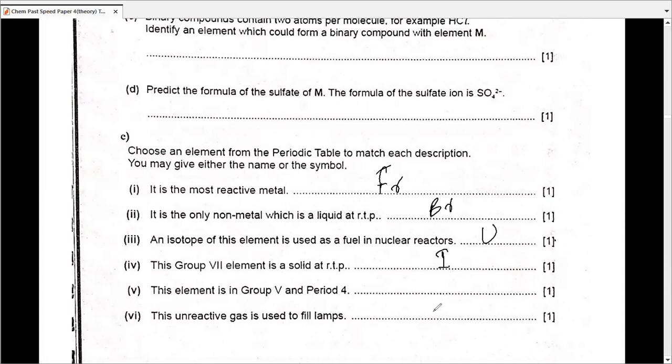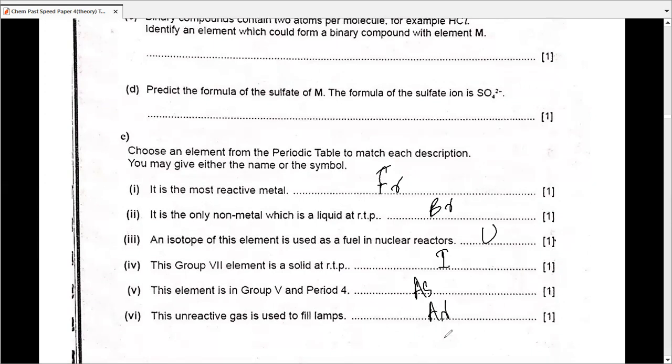Good. Moving on. This element is in group 5 and period 4. Now that's a good extrapolation technique. Go ahead. Group 5. Arsenic. Arsenic, good, yes. And this unreactive gas is used to fill lamps. Argon.